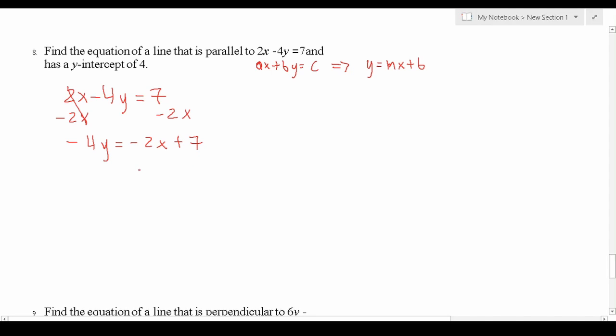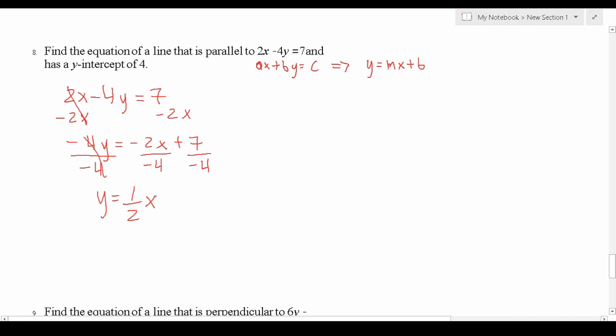Again, we're still trying to get y by itself, so I'm going to divide both sides by negative 4. This will cross out, leaving me with y, which is in slope-intercept form. We have negative 2 divided by negative 4. A negative divided by a negative is going to be positive, so that's going to be 1/2 x.